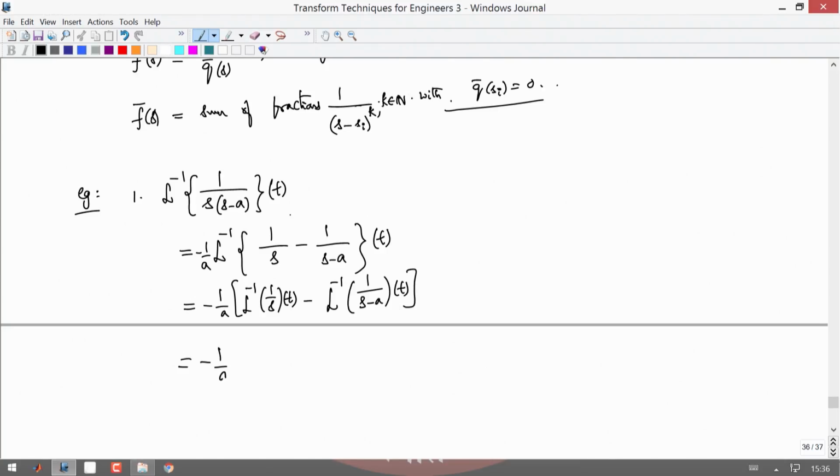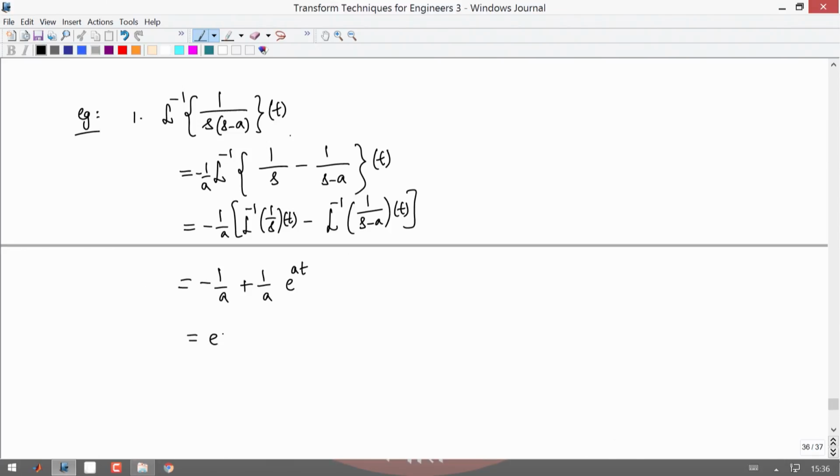So this is 1 by a times simply 1, and then you have minus e power a t.